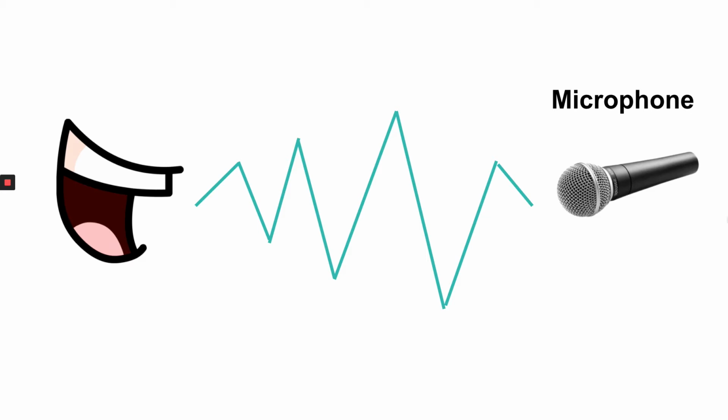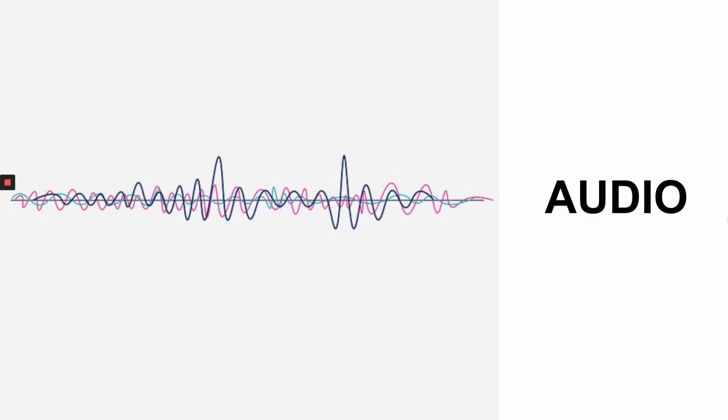So the sound, or the air vibrations, should I say, travel through the air from the mouth and into the microphone, and that becomes recorded sound, otherwise known as audio. And we can see that if we look at the audio spectrum here, that we've got what look like undulating vibrations, and these are just recorded air vibrations that have been captured by a microphone.